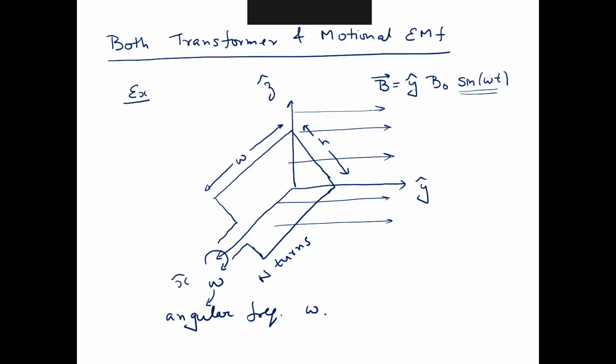So if I take a look at this loop, I have to go to the surface area of the loop. Ultimately I have to calculate V induced, which is minus N d by dt of the integral of B dot ds.